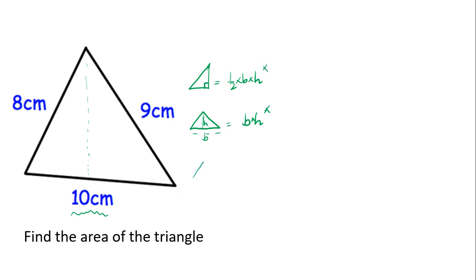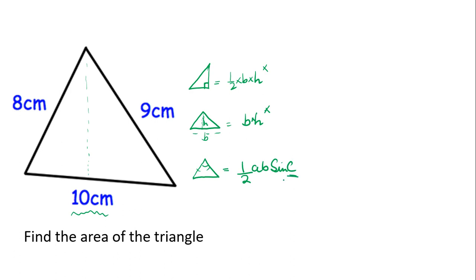Now there's another formula that I can use when I'm dealing with non-right angle triangles where I don't have a base, I don't have a height, but I do have two lengths and one angle. So in that particular situation, when I have two lengths and one angle, I can be using half AB sine C. Half times A times B times sine C.